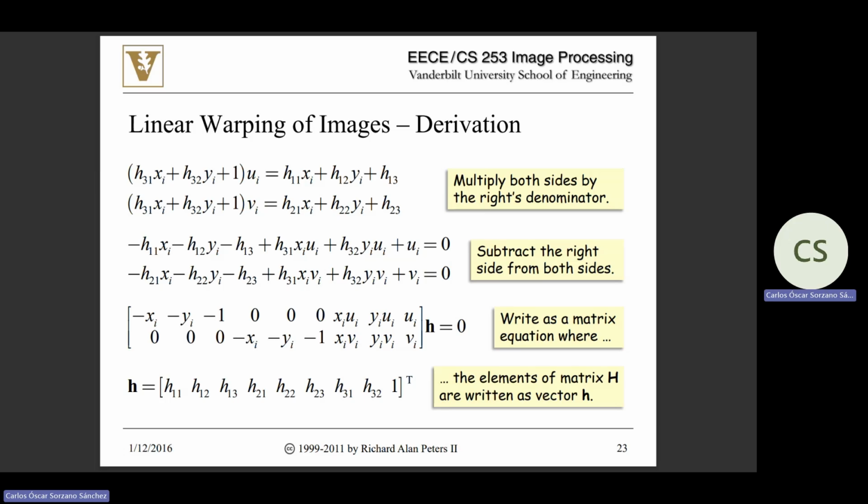Our unknowns are the h, and our data is x, y, and u and v. So what we have is this row times h, this row times h. This h is this vector, so it is h11, h12, and so on.